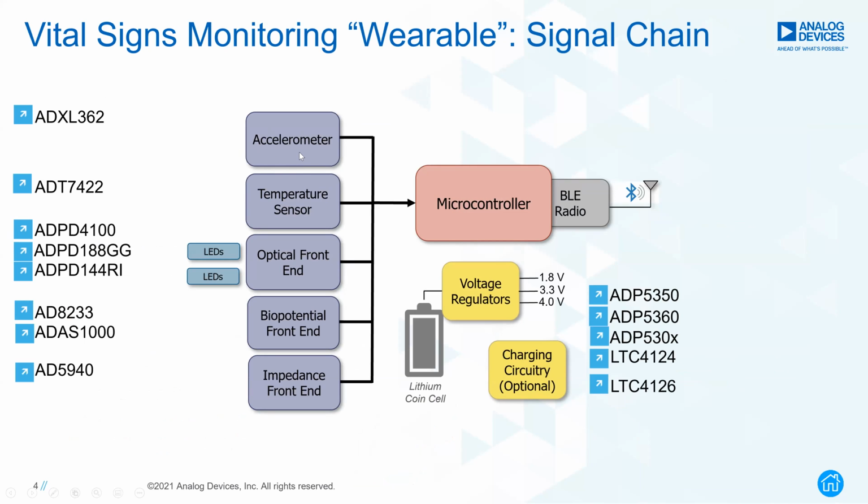For example, the accelerometer you see here, the ADXL362. This is a 3-axis, very low power MEMS based accelerometer. If I talk about power, in a typical measurement mode, this device would consume close to 1.8 microamperes of current at any output data rate.